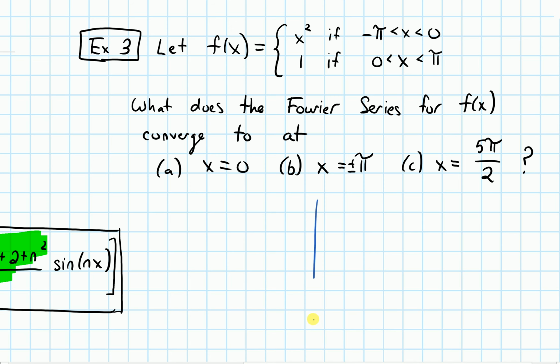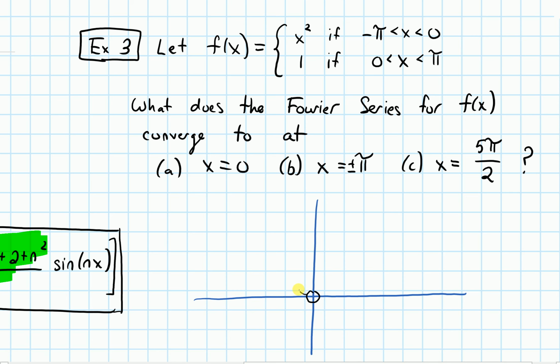So I'll draw my axes, my x and my y axes. And now let's go ahead and draw the graph. On the left-hand side of 0, it looks like x squared. There's an open circle at 0, 0, because x is not allowed to be equal to 0. I'm drawing the x squared graph on the left-hand side of 0.